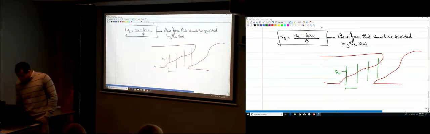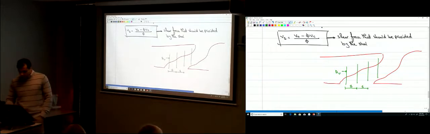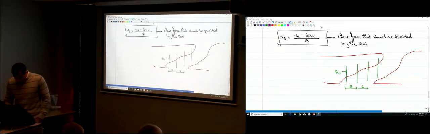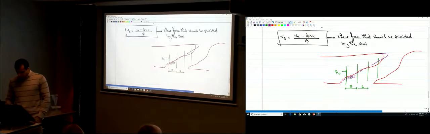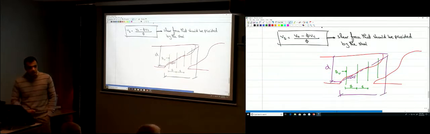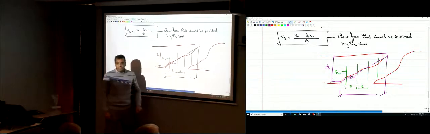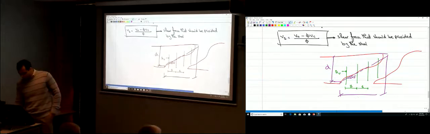Now, if we say that the spacing between those bars is S, I'm just going to assume here, as an assumption to make things easy, that this surface is 45 degrees, and this distance here is d. So the width of the crack is how much? The vertical distance is d, this is 45 degrees, so how much is the horizontal distance of the crack? d as well.